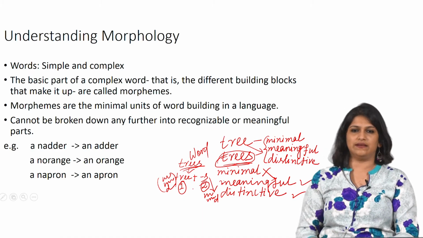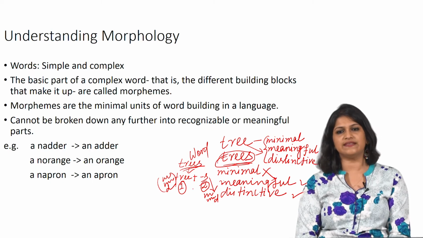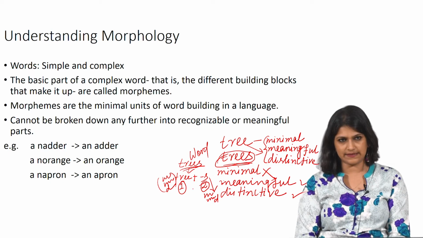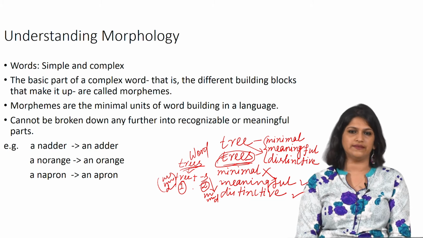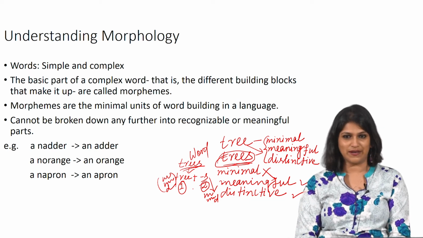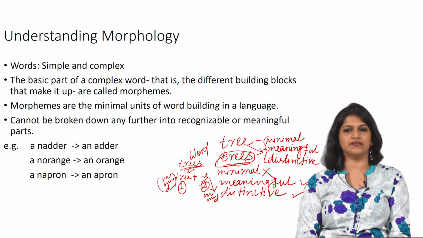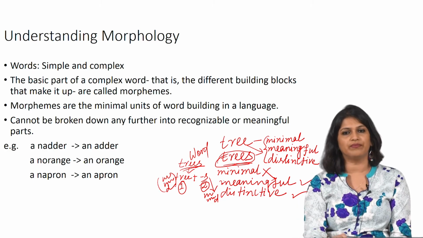Now you tell me, are these two morphemes that trees has similar or different? Take a few seconds and think about it. Do you see any difference between these two morphemes?